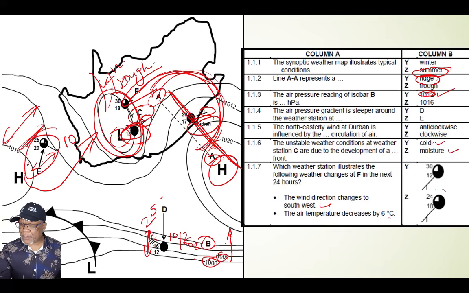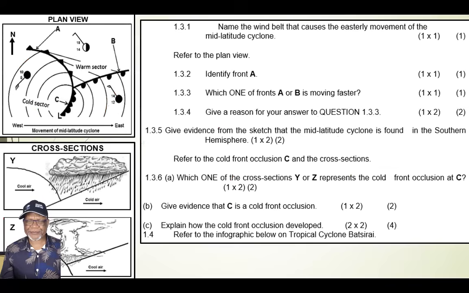So this is the station model that shows these characteristics, where you have the difference between the dew point temperature, which is at the bottom, called the minimum temperature, and this one called the maximum temperature or air temperature. So this is where you have the difference. So which means the correct answer there will be number Z.